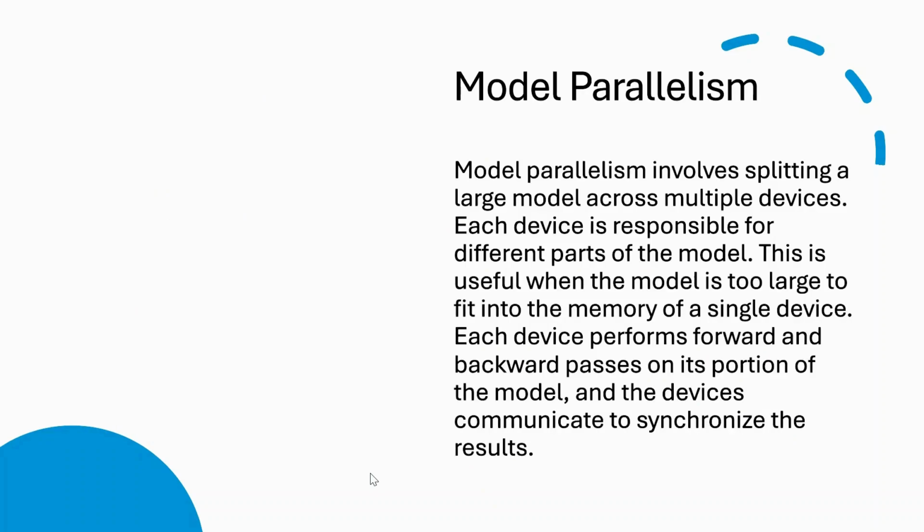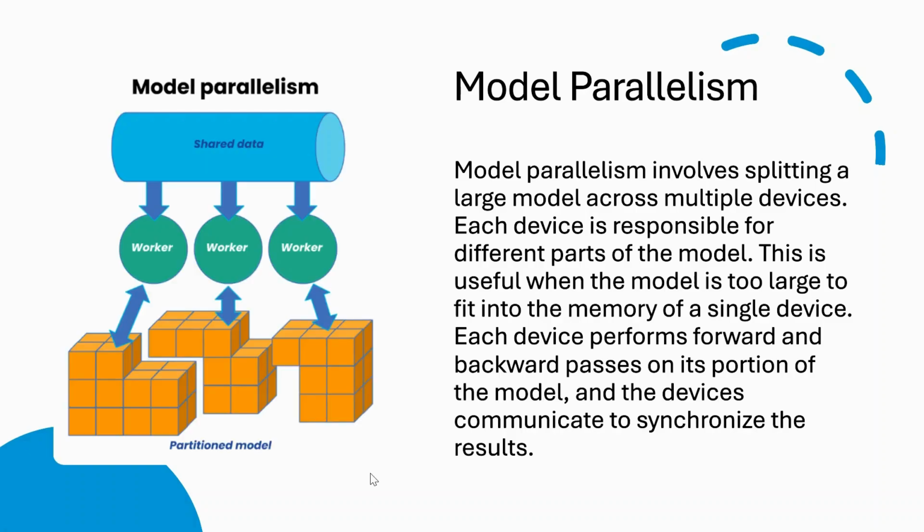Similarly, in model parallelism, we take a single model and run that model on different worker nodes. We have different worker nodes, but the memory for the model is distributed memory. The reason for this distributed memory is that we can have multiple training parameters.